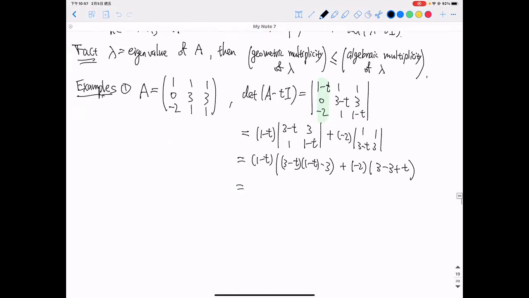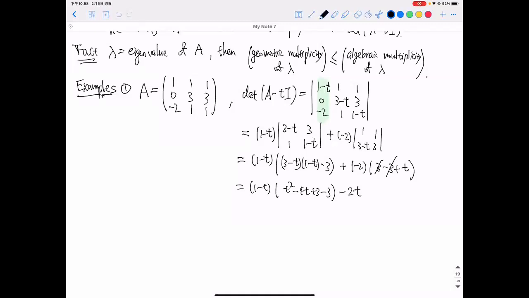Now let's expand everything. The 3s cancel, and you just have a negative 2t.